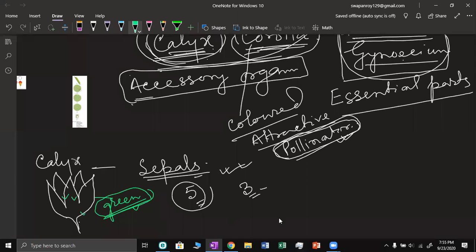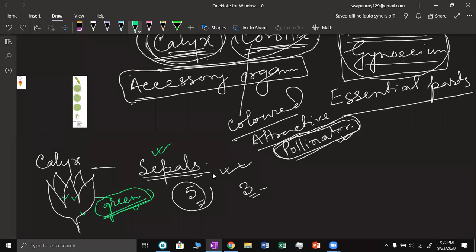In some flowers, some species, all the sepals are united together, partly or fully.